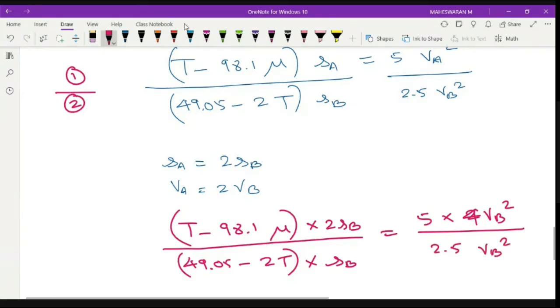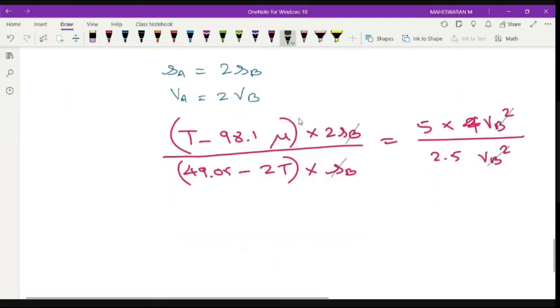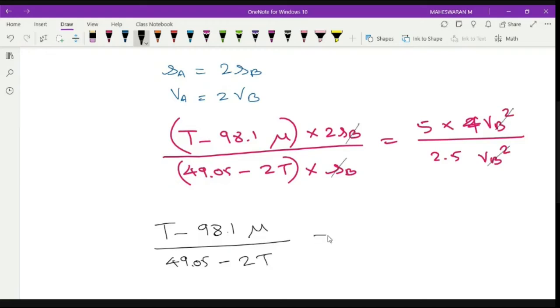So that I can cancel these things. What are the other terms? You'll get (T minus 98.1 mu) divided by (49.05 minus 2T) is equal to 20 divided by 2.5.